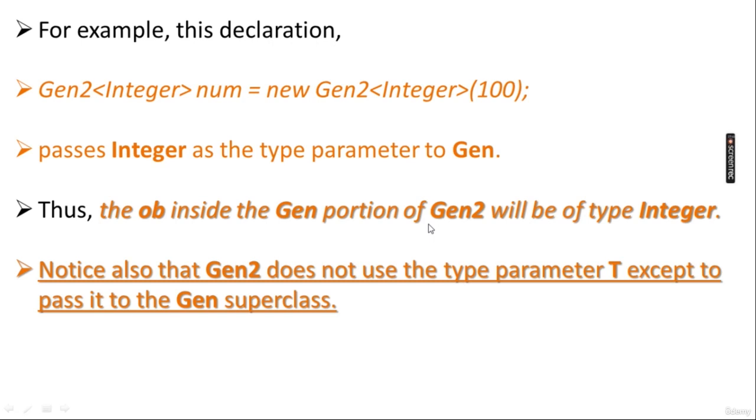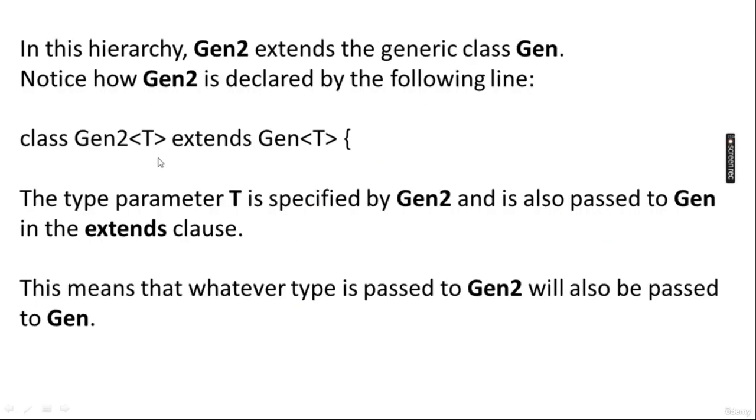For that purpose only it will call super O; otherwise that type will never be used in the Gen2 class. So what is the meaning? Why is this T passed over here? This T is only used to pass this value when the object is created. This value will be passed to Gen of T. There is no other use of this T in the class Gen2. It is only for the sake of passing this value T to the class Gen.